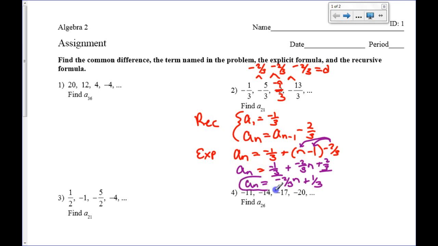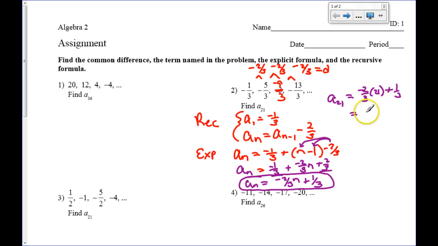So this is our final answer for our explicit formula. Now we found the recursive formula. We found the explicit formula is this. Now we need to find A sub 21. So all we need to do is take -2/3 times 21 plus 1/3.